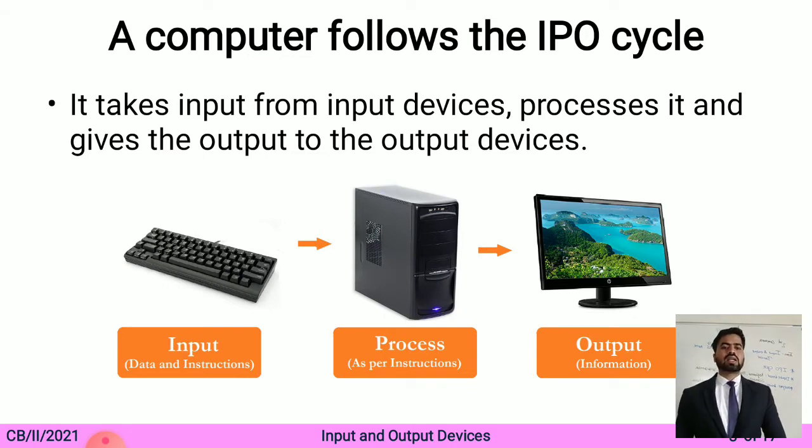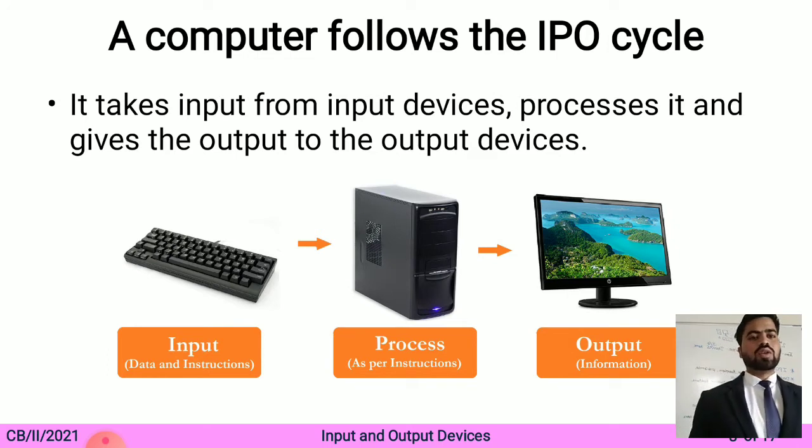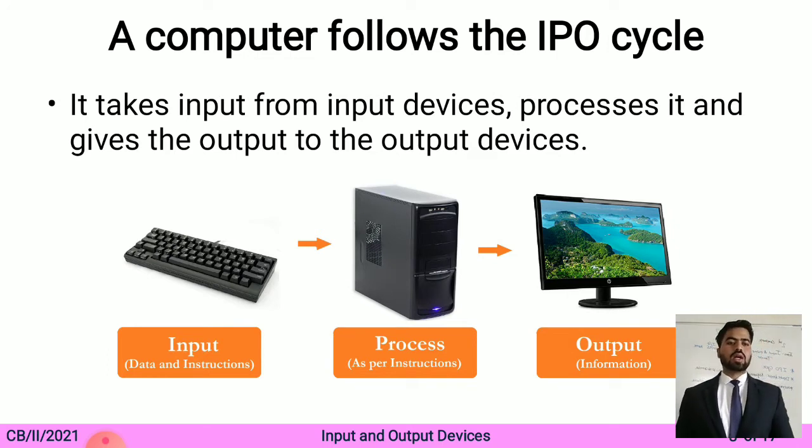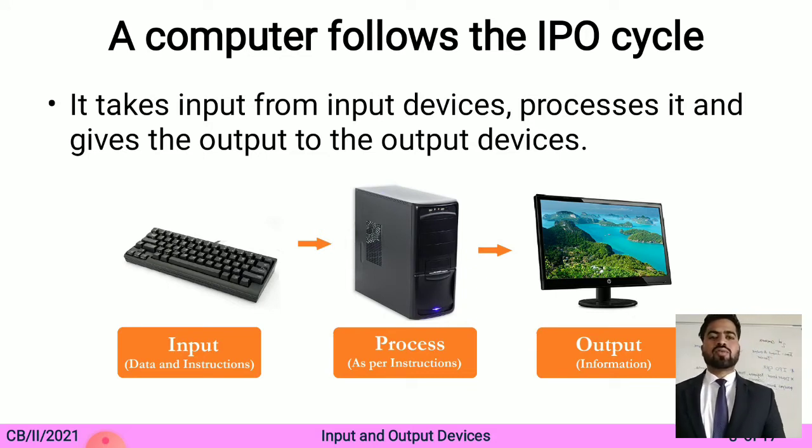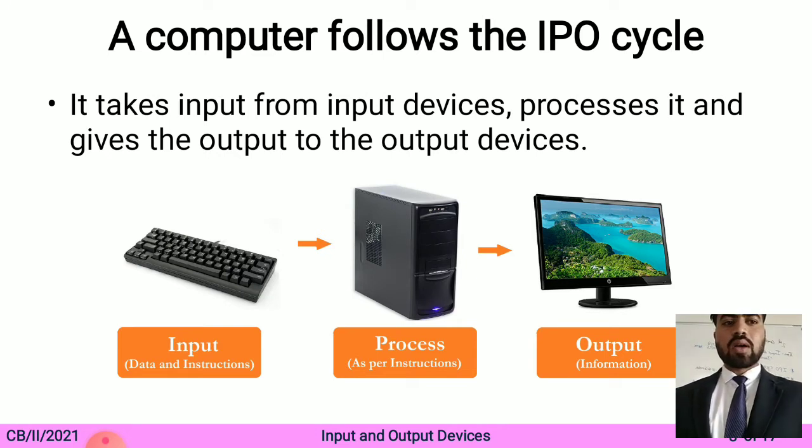But the central processing unit is only one: the CPU. It is also called the brain of the computer, where it processes all the information sent from our input devices.